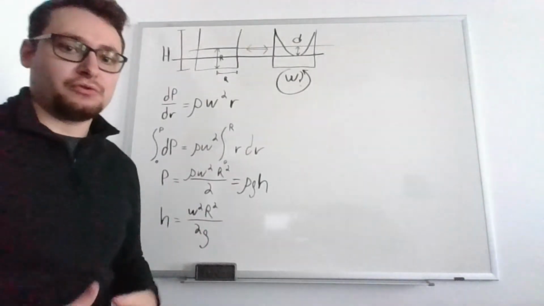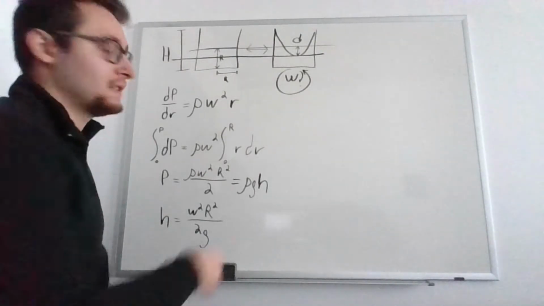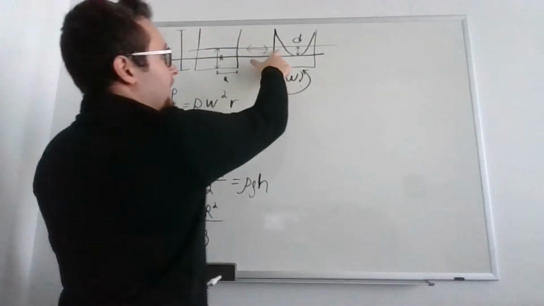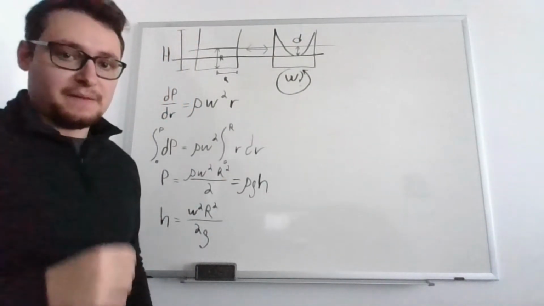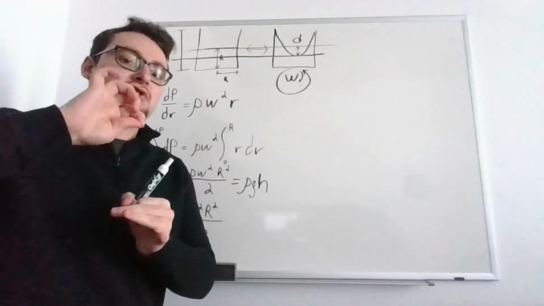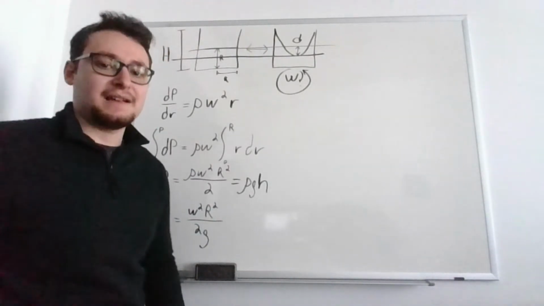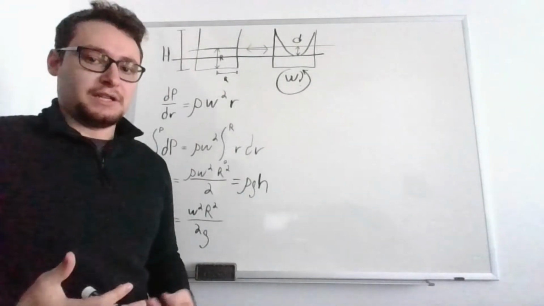It's the same volume, same liquid. No liquid has escaped this system either, which means that this top part up here and this displaced liquid, while it's spinning, is also the same volume because no liquid is escaping. We're spinning this to the perfect point where the liquid is just at the rim of the container but not escaping.